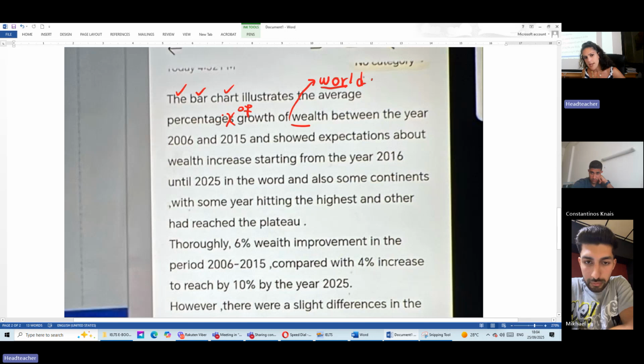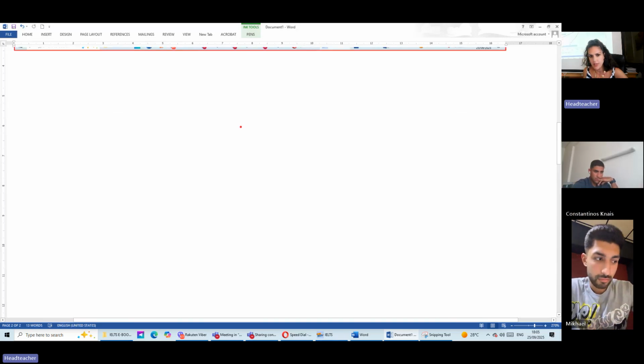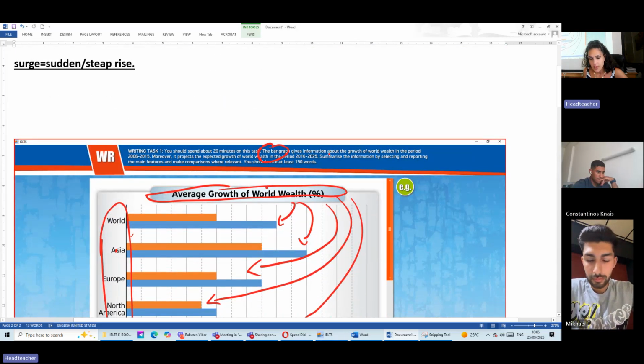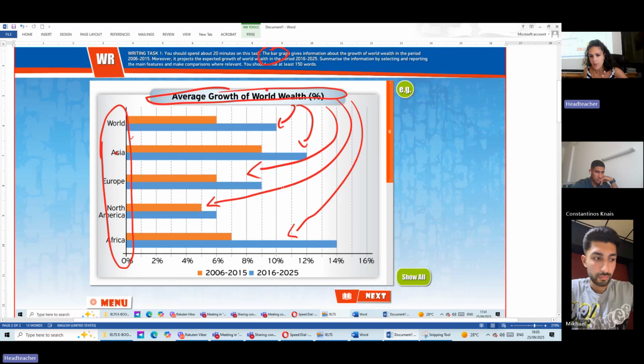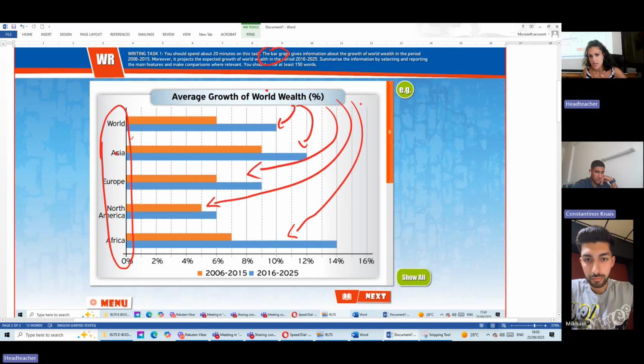So how does Michael know this is a percentage? How does he know? It's not given in the rubric. It's not written here, but he can see it from the legend. So yes, Michael did combine this and this. Because here we don't know it's a percentage, but we can see it from the table.